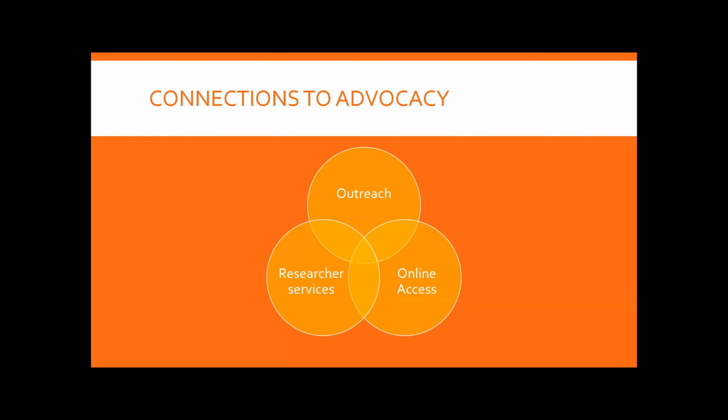As we've discussed before, this evaluation is meant to determine if archives are throwing good money after bad, and if there is room for improvement, steps that archives can take to make sure that outreach is working better, or researcher services is working better, or online access is working better as well.